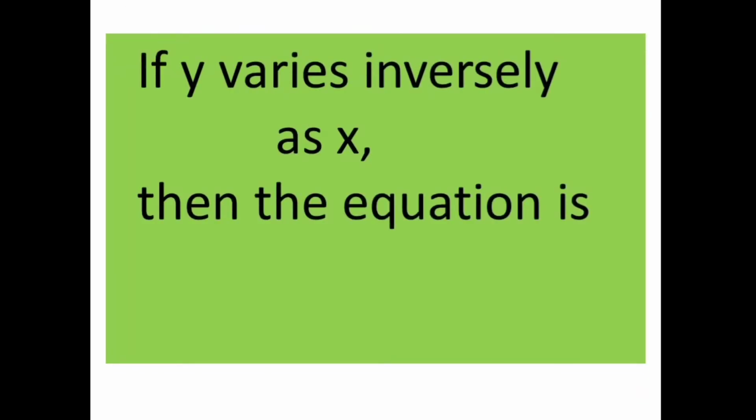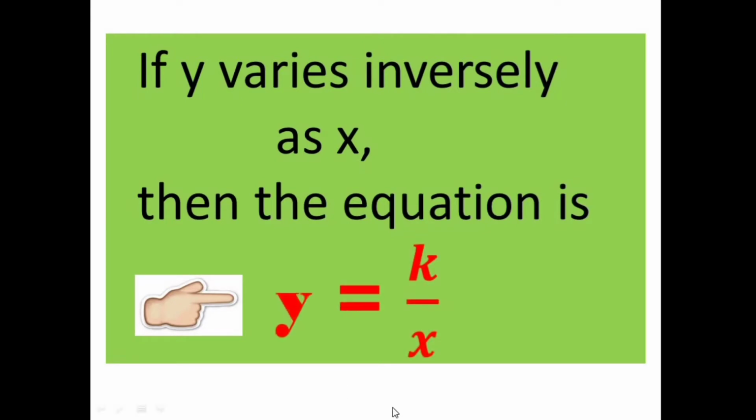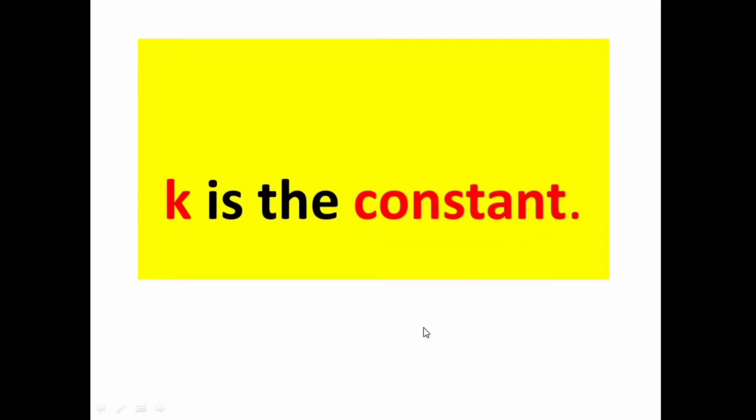If y varies inversely as x, then the equation is y equals k over x. In y equals k over x, k is the constant.